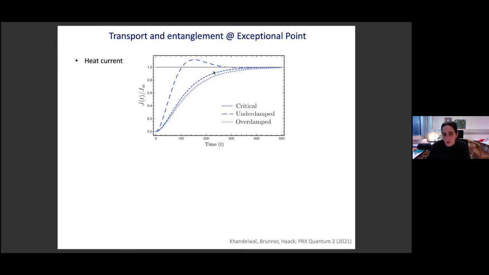Okay, so that's why all the curves are approaching 1. And you see that when the system is underdamped, I can see oscillations in my heat current. When it's overdamped, it's the dotted line, so it's below. And when it's critical, there are no more oscillations, and it goes faster to the steady state.